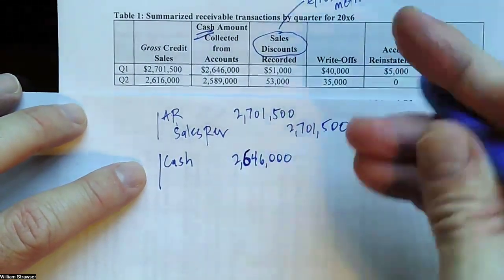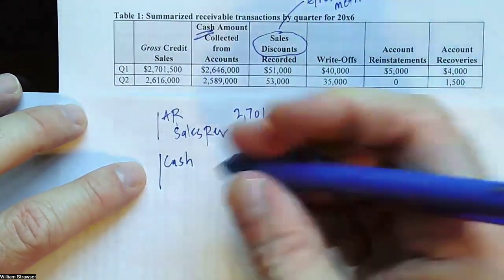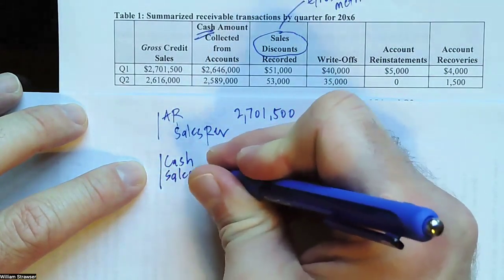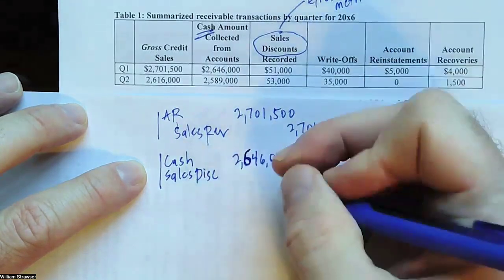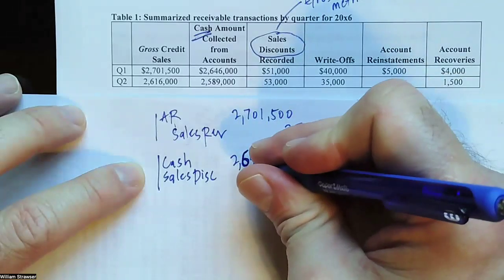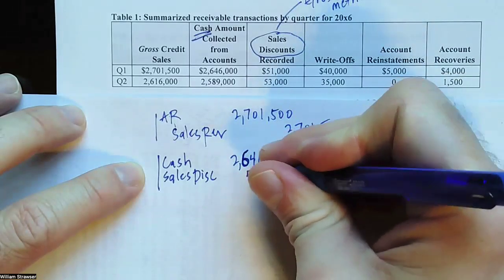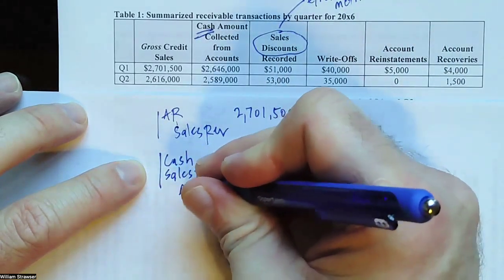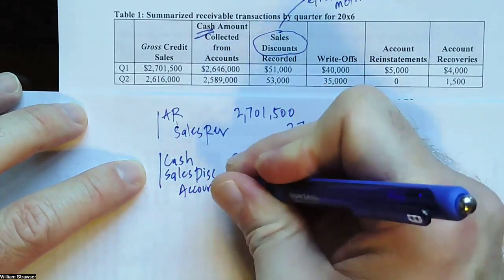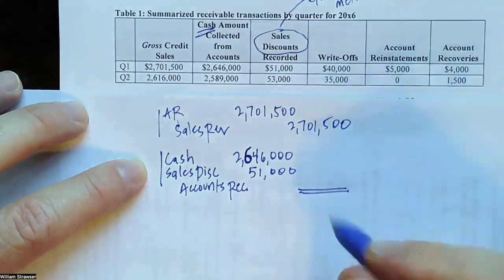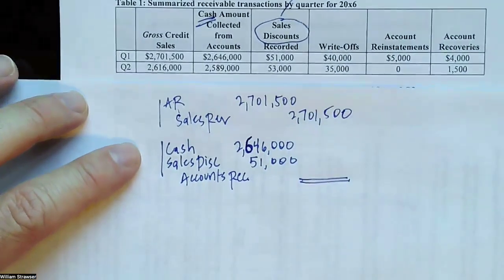No, it's not, because if I recorded sales discounts, then I have another player in here that's coming in for my collection entry. So that's 51,000. Then that means accounts receivable will be those two pieces added together.